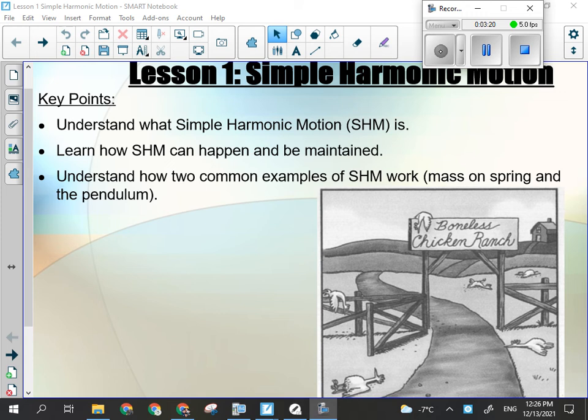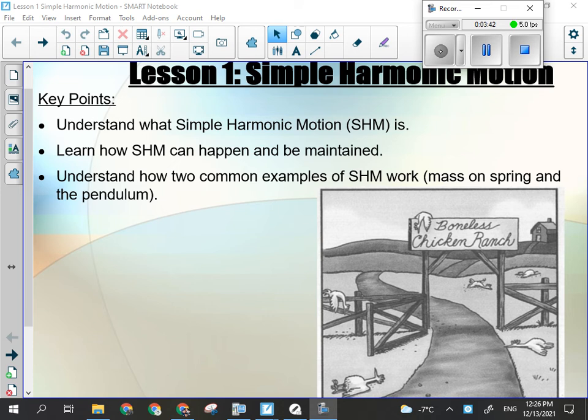If I let it go, the mass will go towards equilibrium, but all the work I did in compressing the spring is going to result in it building up all this kinetic energy, and it's going to go right past equilibrium. Once it goes past equilibrium, it'll start pulling on the spring, and the spring will start trying to pull it back to equilibrium, which it will eventually do.